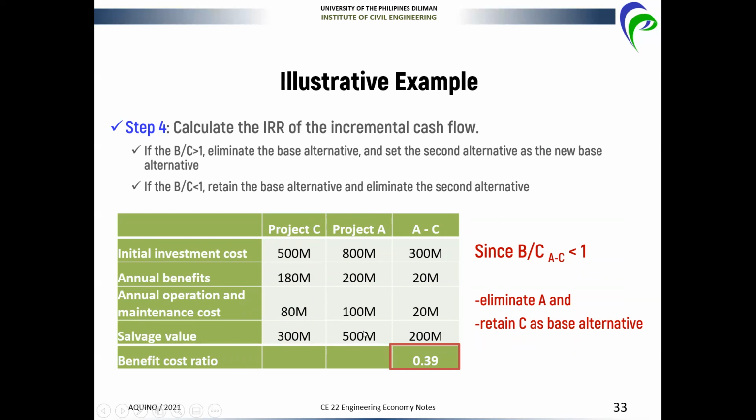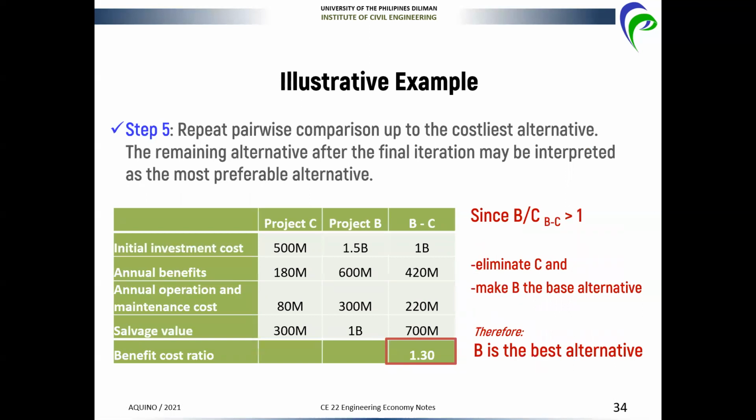Since A has been eliminated, we still compare project B against C, which is our next step. Now if you have more alternatives, we just do pairwise comparisons until the alternatives run out. Now, comparing project B with C, let's get the incremental cash flow. So, you have to spend 1 billion pesos more for project B compared to project C. But these are the incremental benefits, operational cost, and salvage value.